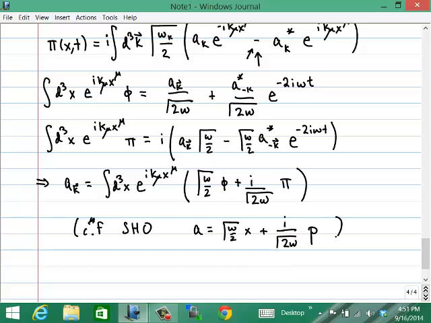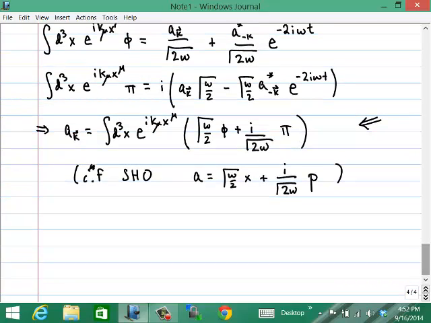So this is just a statement that in classical mechanics, the raising and lowering operators are complex linear combinations of x and p, the position and momentum operators. And here we see that the same thing is happening in quantum field theory, except now we have a Fourier transform to go along with it.